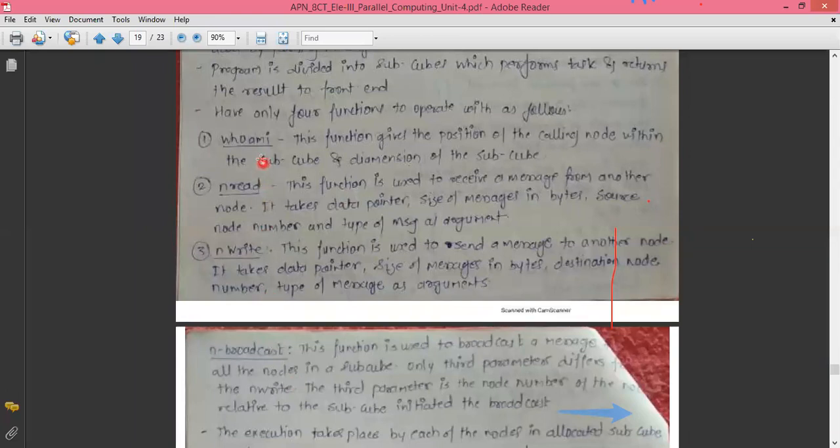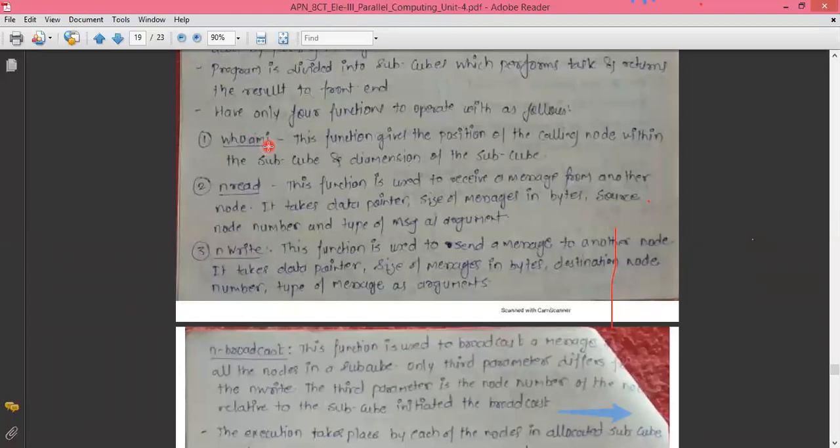We have to study these four functions. The first is who am I. There are n number of nodes connected to each other, and each node must identify its identity: whether I am a child process, whether I am a parent process, and what kind of task has to be executed by me. When each node gets activated, it executes this function, who am I, to know its own exact status.